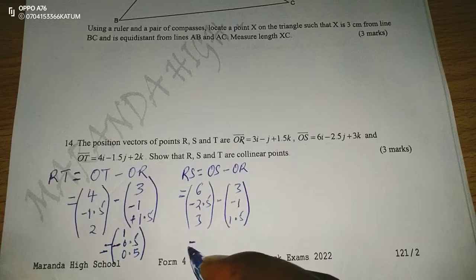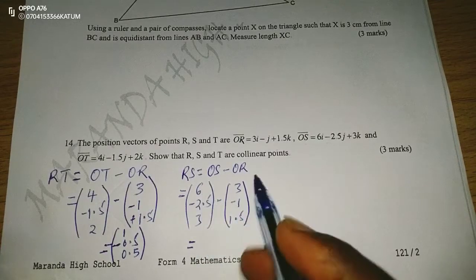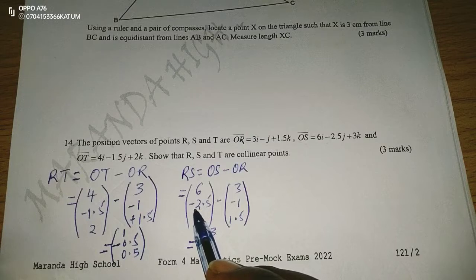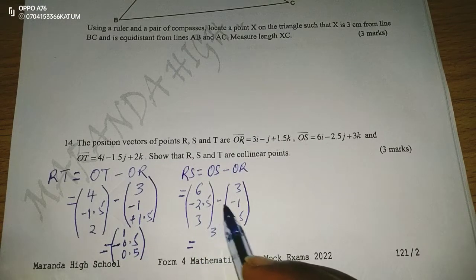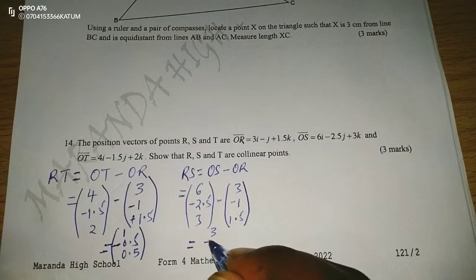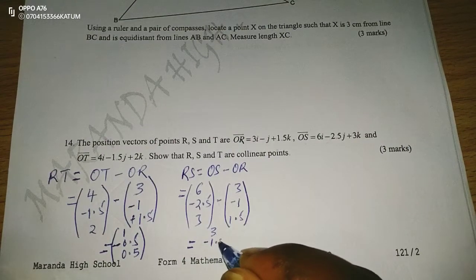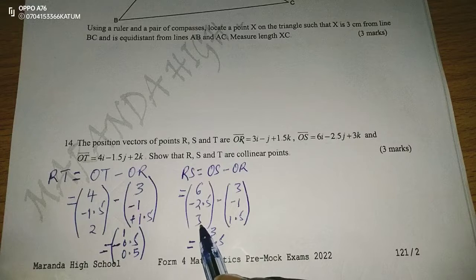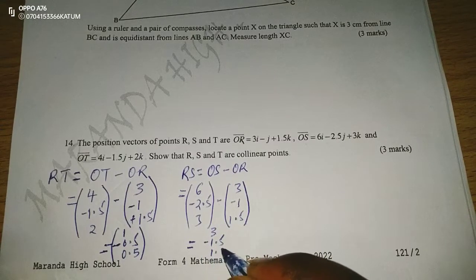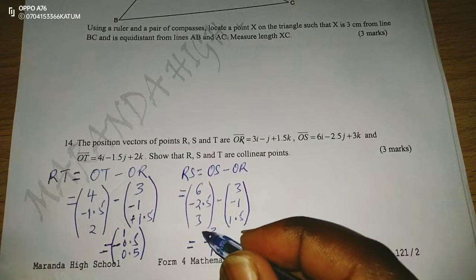Then now we come up with the difference. This is going to be 3. This is going to be negative 2.5. This is plus. We'll get negative 1.5. Then 3 minus 1.5, we get 1.5.